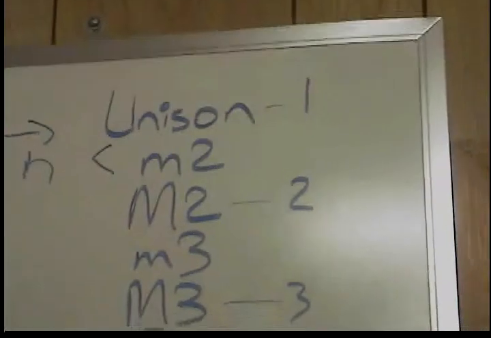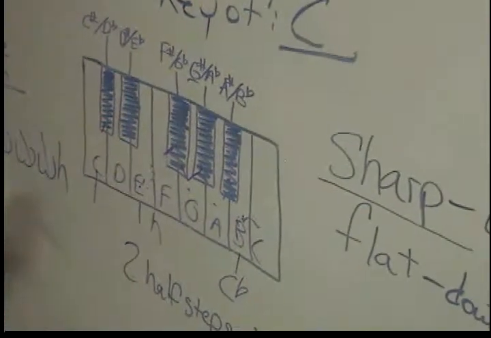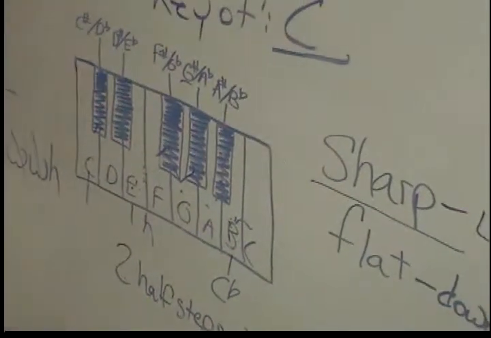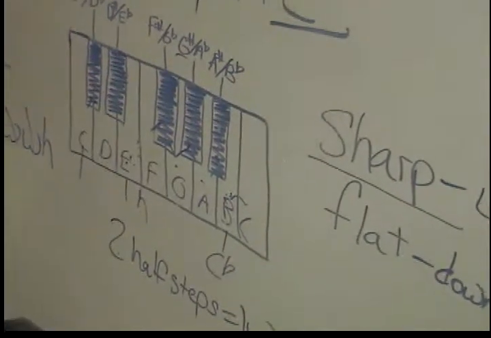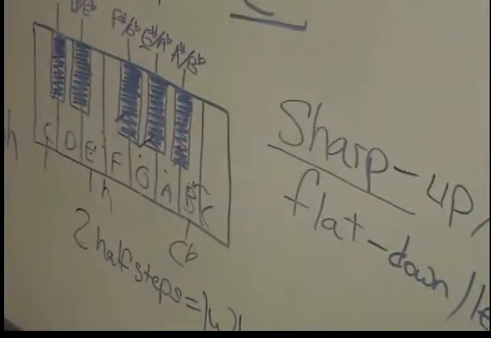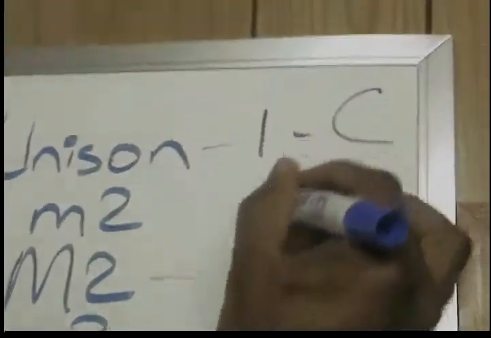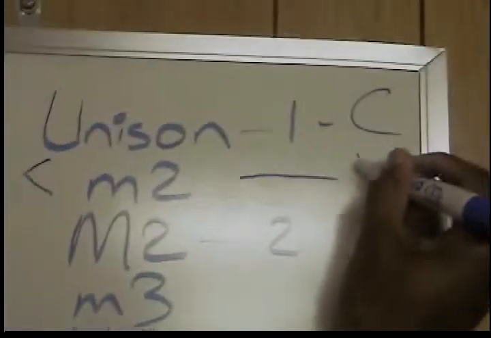So I need to go a minor second, which is a half step. From C, what is the half step from C? And on this one, use the flat names for the other keys. From C to what note is a half step? D flat. So I'll put this up here. C is our unison, and then our minor second from there would be D flat.